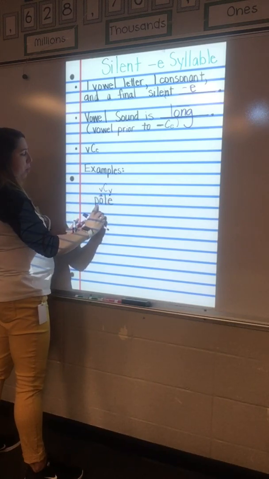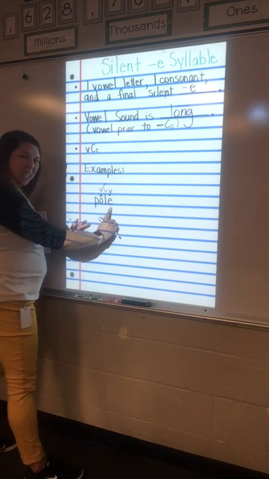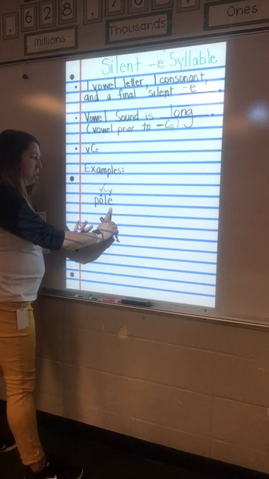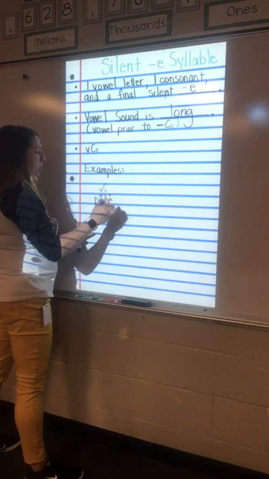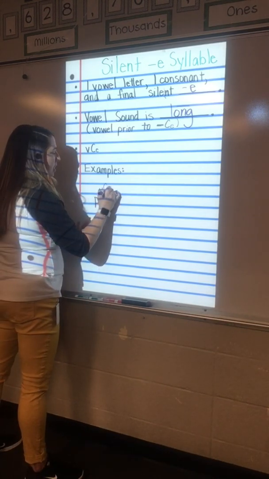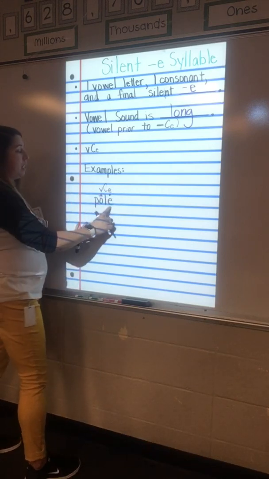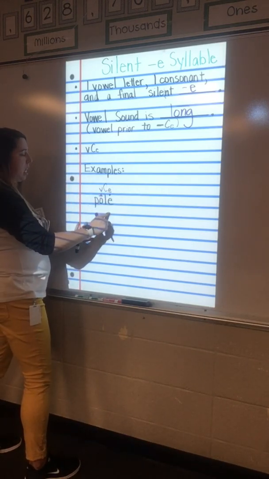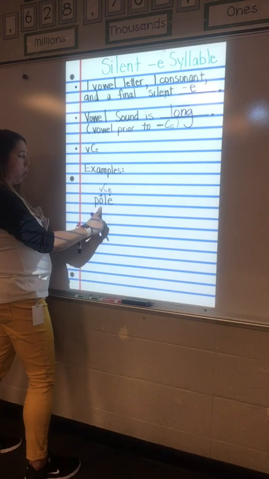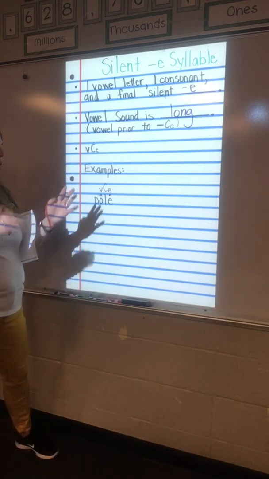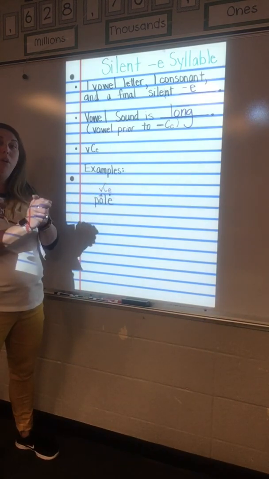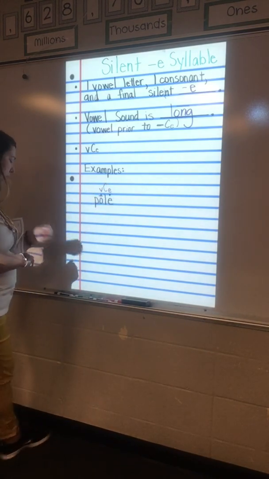So let's do it. Ol, pole. Do you hear this E? No, it is silent. So I'm going to change my label to that E because it's the silent E, or as we say it, the helper E. That E helped the O say its name. O. Okay? Let's see how many syllables are in that word. Pole. Ready? Pole. Oh, one syllable.